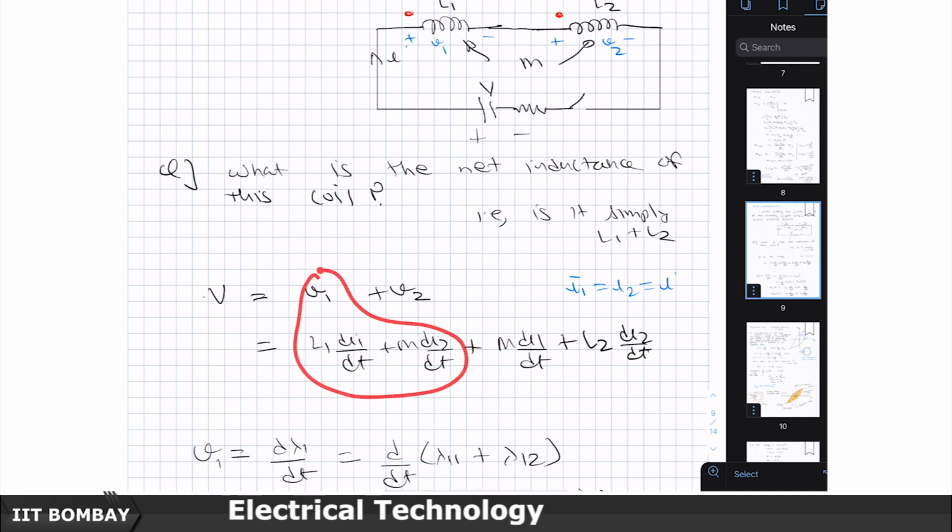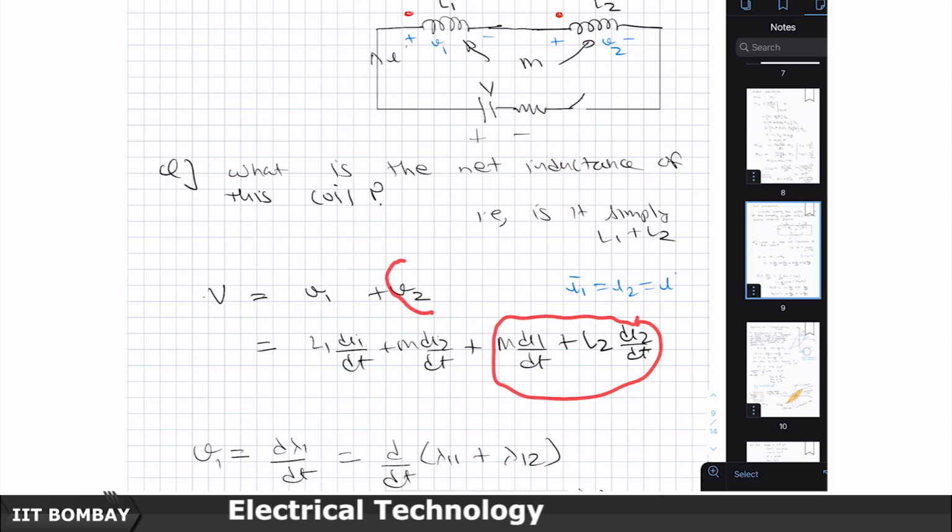If you look at V1, which is L1 di1 by dt plus M di2 by dt, it has come with a plus sign. Similarly, for V2, its own voltage drop L2 di2 by dt has been further augmented by M di1 by dt. Again it has come with a positive sign, and now I1 equals I2 equals I.